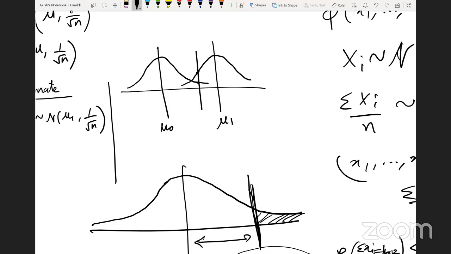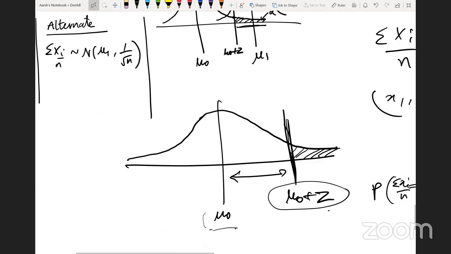So here what we want is to find this value mu naught plus z, such that if the value is further away from mu naught, like if it lies somewhere here, the probability of it lying in this area is alpha.